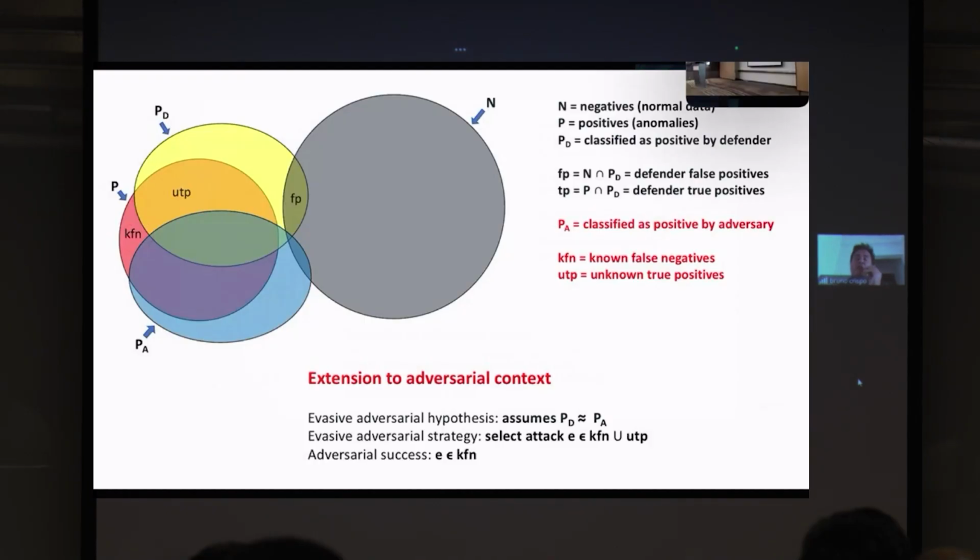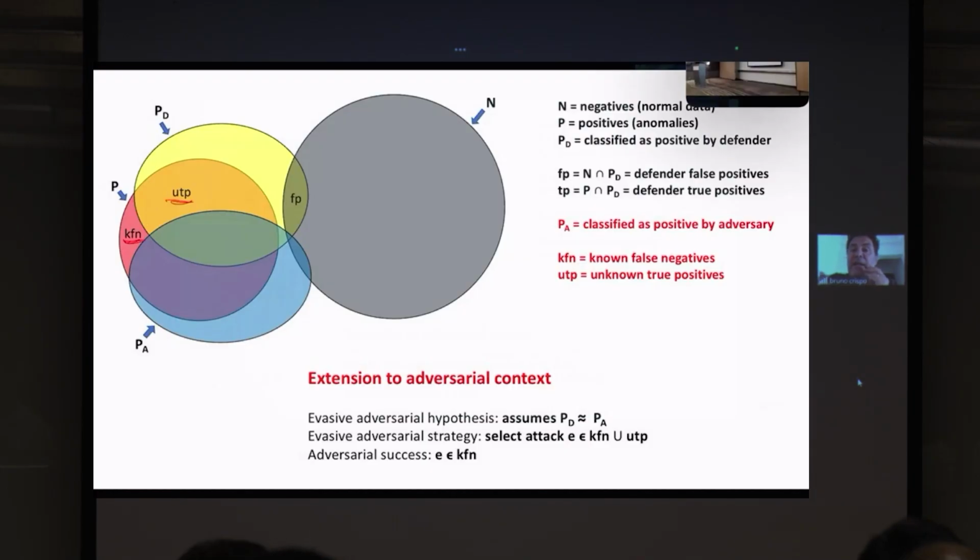And so what is the assumption of the attacker? The attacker assumes that his classifier is similar to the one of PD, then selects one point between KFN and UTP, and submits it to the system to see if it gets undetected.